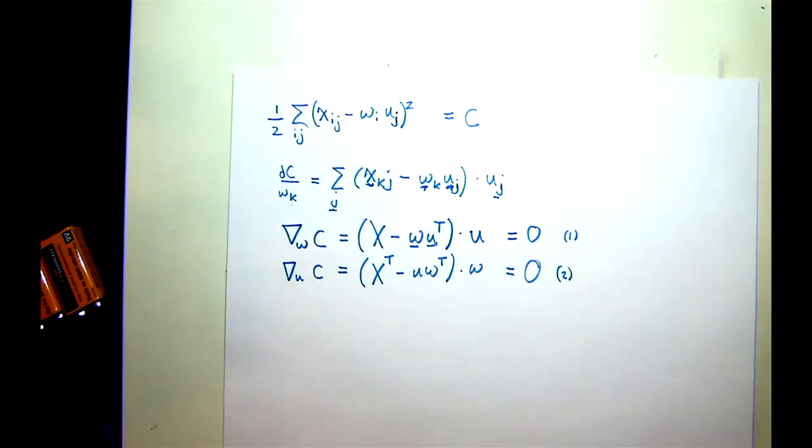Because we have two equations, it's a fairly complex expression, and you can't really solve for u or w individually, so it's kind of a train wreck if we try to solve for both u and w at once. However, if we knew u, then the gradient of C with respect to w is linear in w, so it's easy to solve.